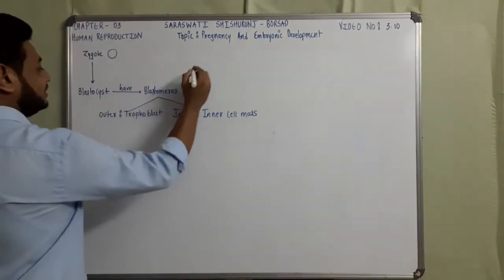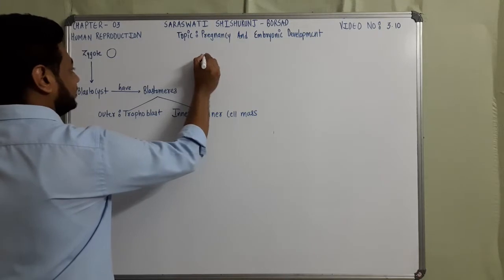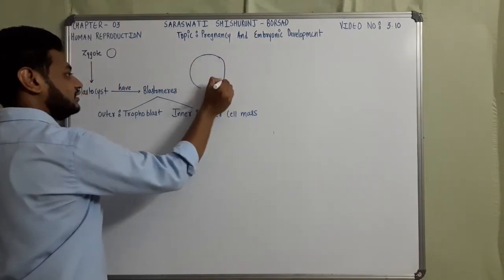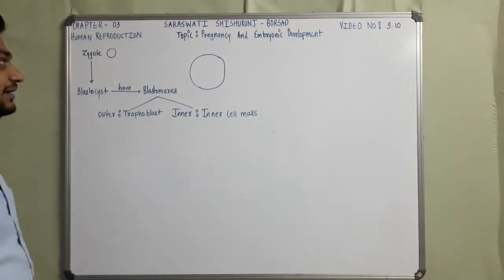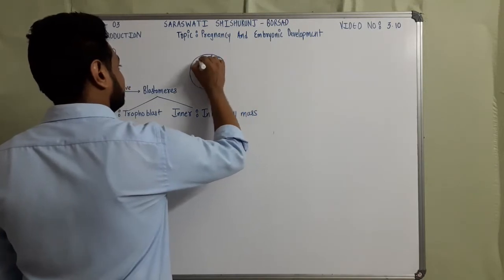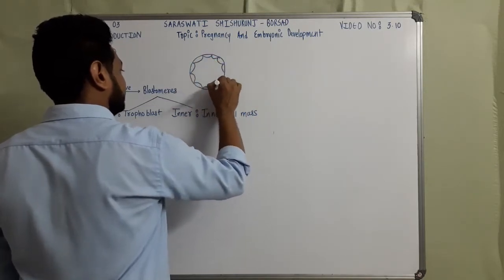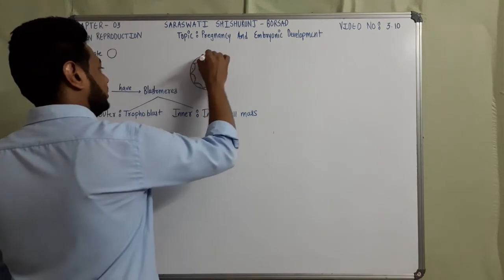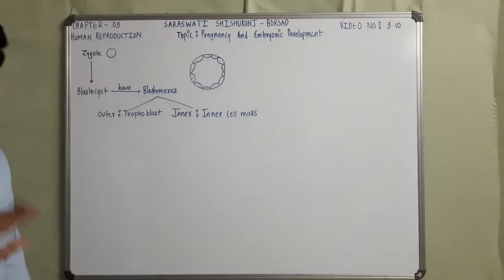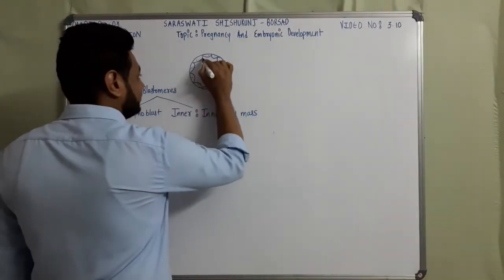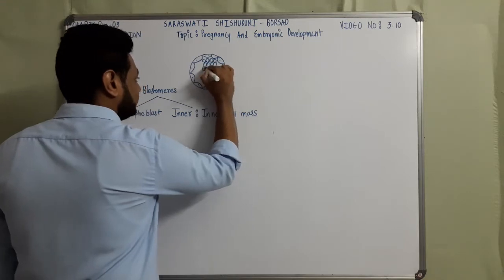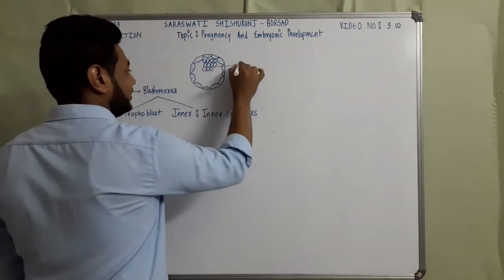Let's say this is the arrangement. This is the outer cell mass, and these are the cells of the outer cell mass. This is trophoblast. There is another group of cells referred to as inner cell mass also. So these are inner cell mass, right?